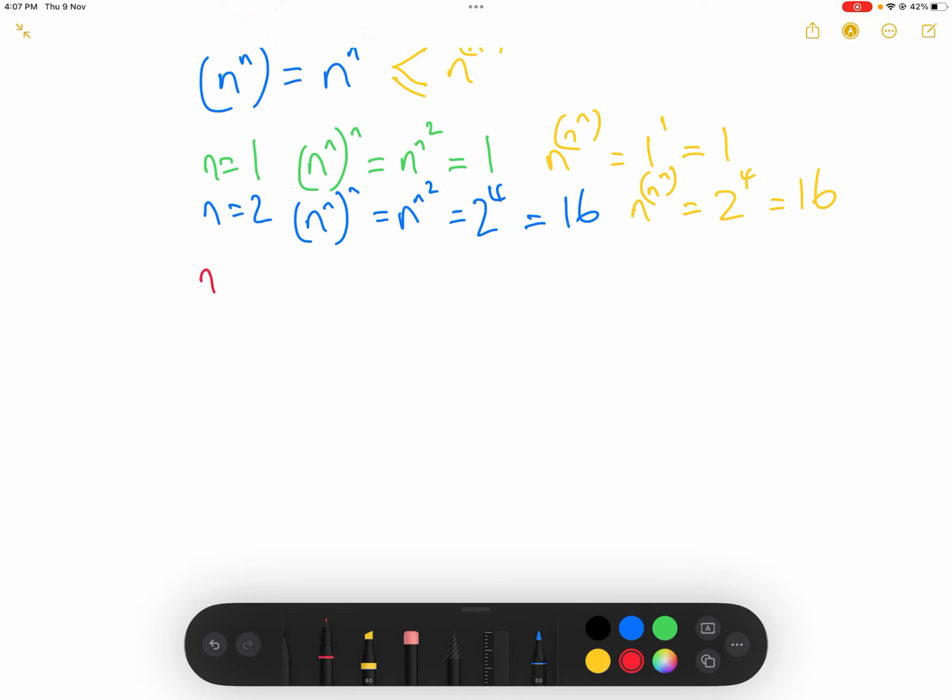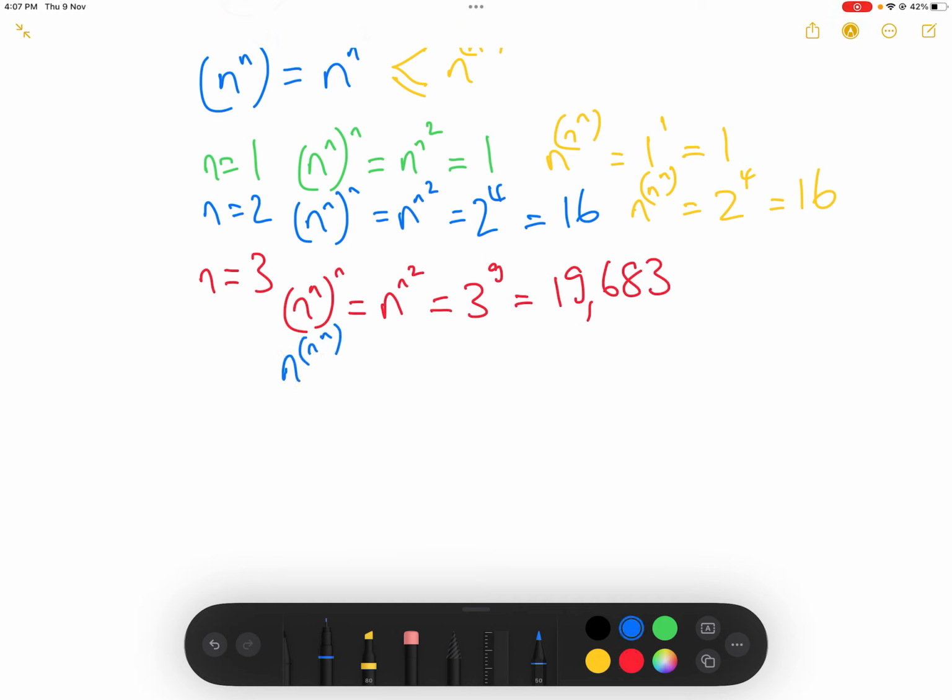Let's have a look at n equals 3. For n equals 3, (n to the power of n) to the power of n, which again is n to the power of n squared, is equal to 3 to the power of 9, which is, off the top of my head, 19,683.